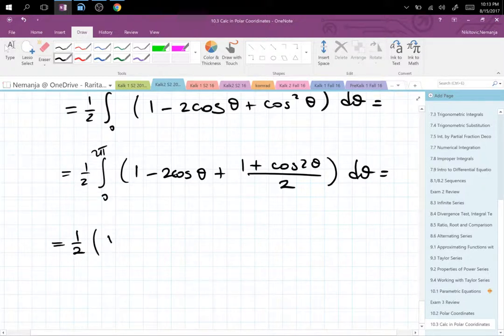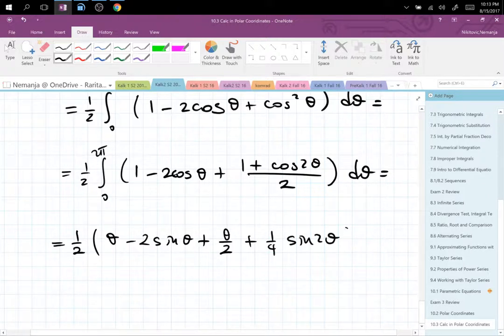Integral of 1 is going to be theta. Integral of cosine is positive sine, so minus 2 sine theta, plus integral of 1/2 is going to be theta over 2. And integral of cosine is sine, but remember you have a 2 over there, so plus 1/4 sine 2 theta, computed from 0 to 2 pi.